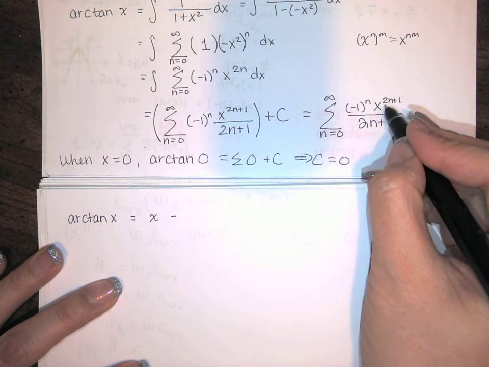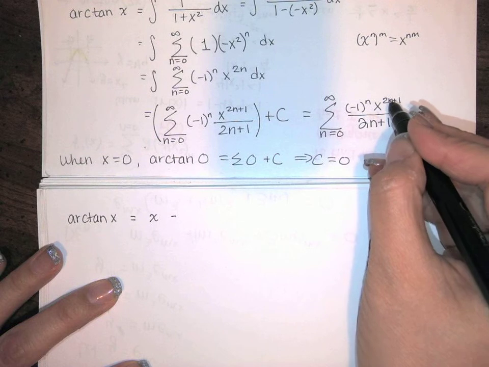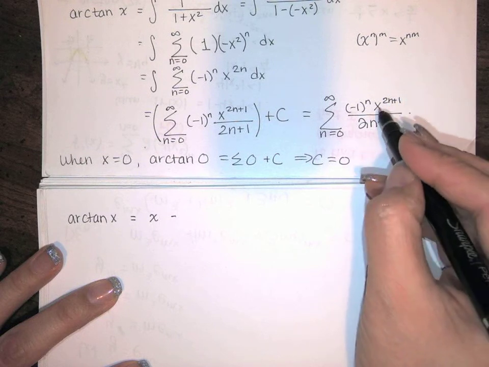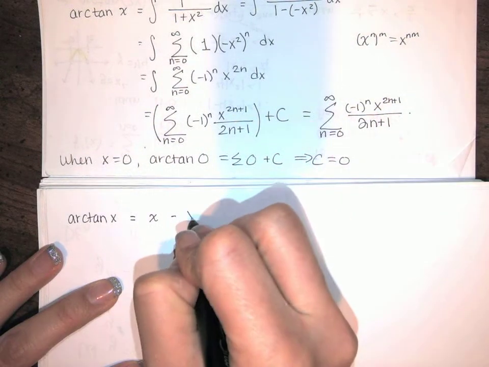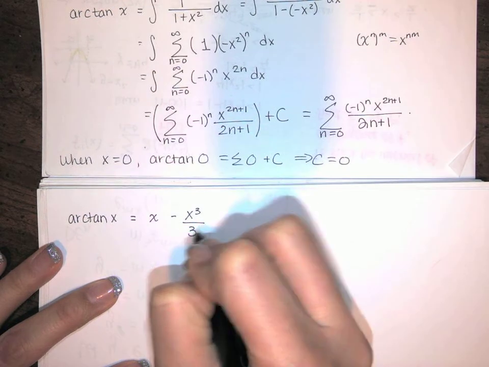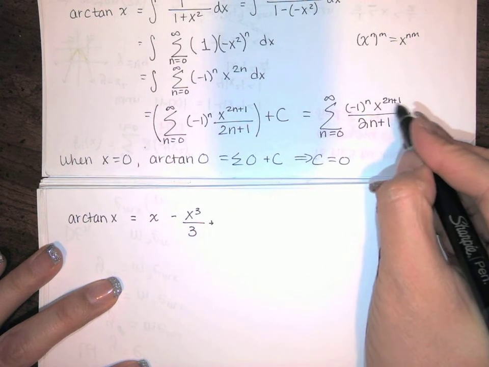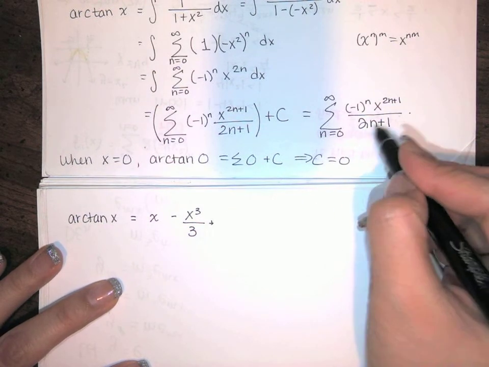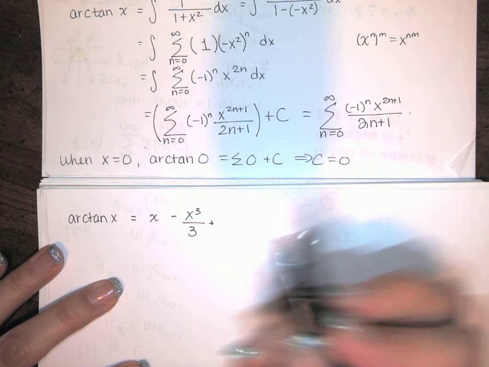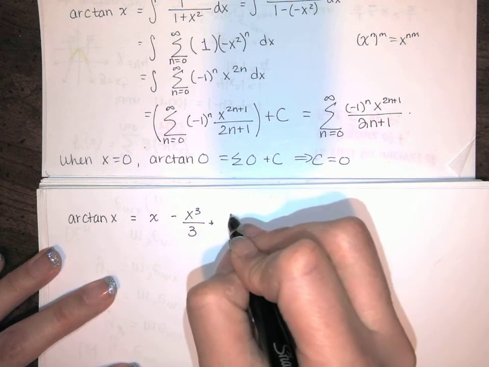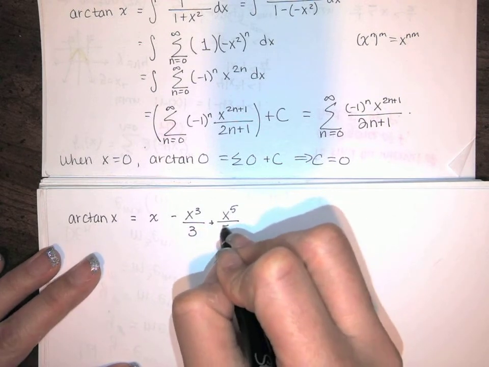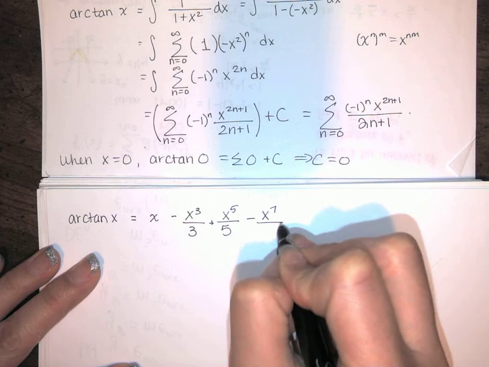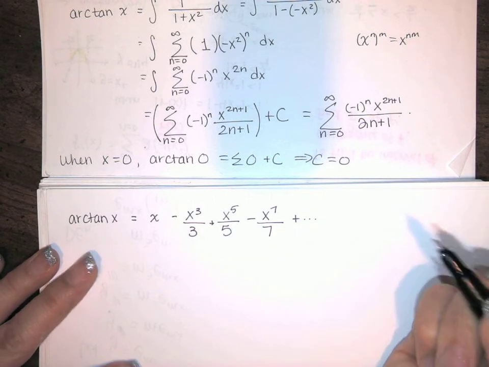If n is 1, that's an odd number, so that's going to be x cubed. 2 times 1 plus 1 is 3, so we've got x cubed over 3. And notice the pattern. I have odd numbers here and the exact same odd number in the denominator, and then it's alternating. So I'll get minus x cubed over 3 plus x to the 5th over 5 minus x to the 7th over 7, and the pattern continues.